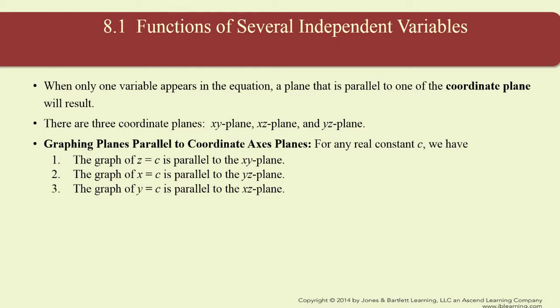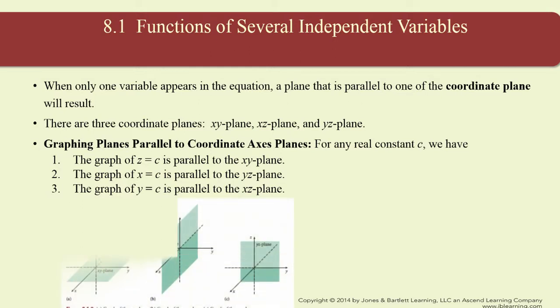And finally, the graph of y equals c is parallel to the xz plane. So if c has a value of 5, the graph of y equals 5 is all points that are 5 units away from the xz plane, and I always consider the xz plane to be one of the walls in the classroom.